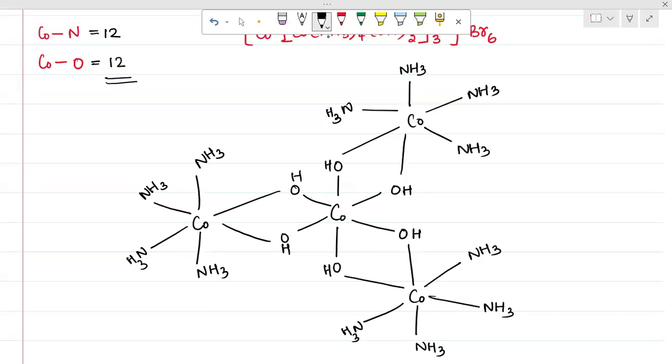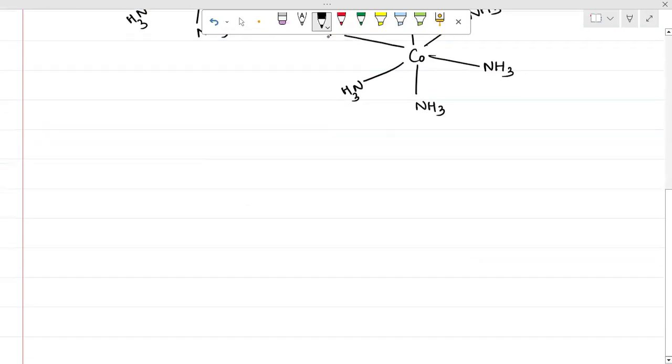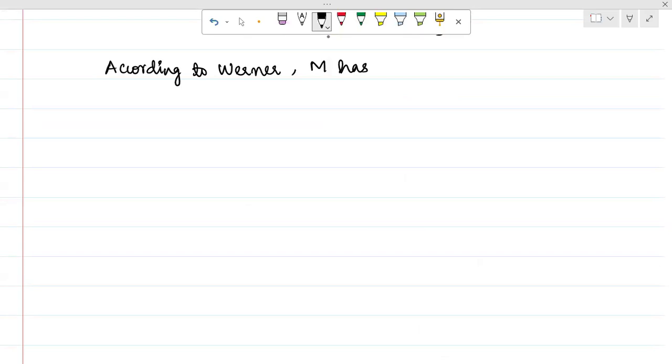Now, what does Werner say? So he has said certain postulates. You have to know them. According to Werner, any complex has, the metal has two types of valencies. One is the primary valency and the other one is the secondary valency.